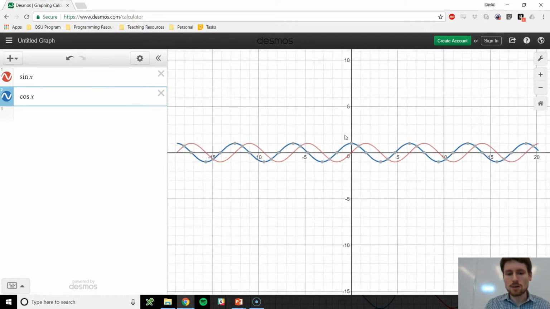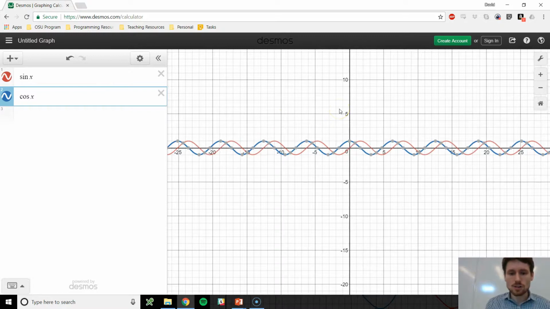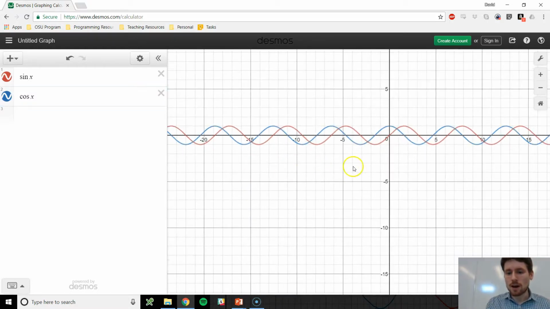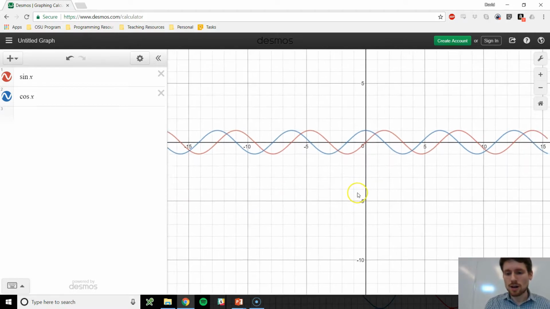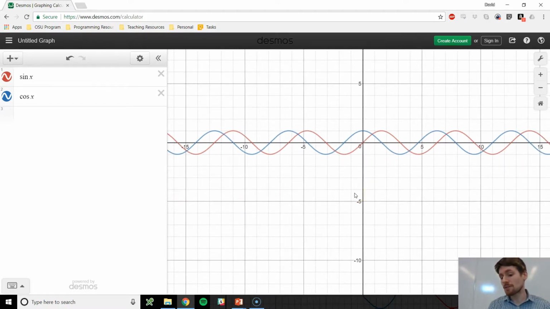I can zoom out and we'll see that this function goes on forever and ever. So negative 31 pi over 4 would be an answer, negative 27 pi over 4 would be an answer, and so forth. But all of these are generated from x equals pi over 4 and then adding a multiple of pi to that.